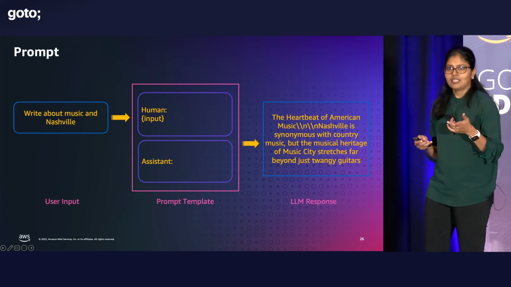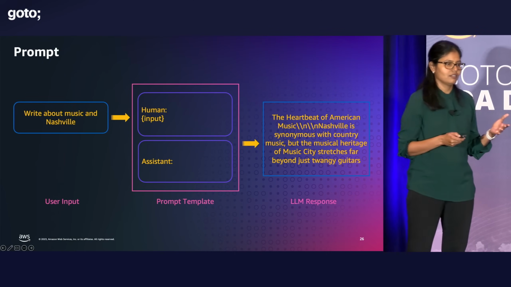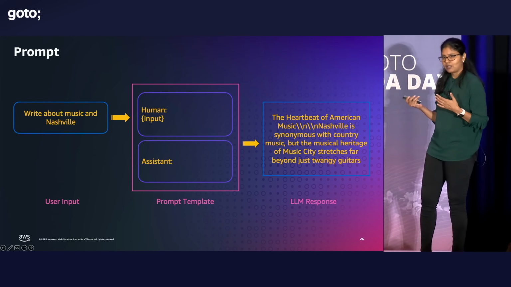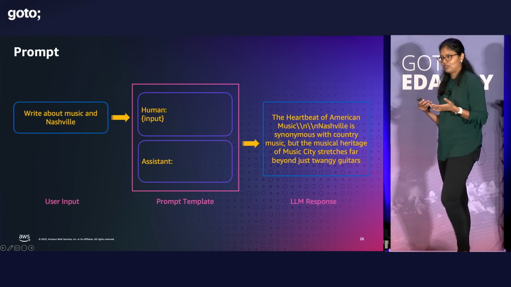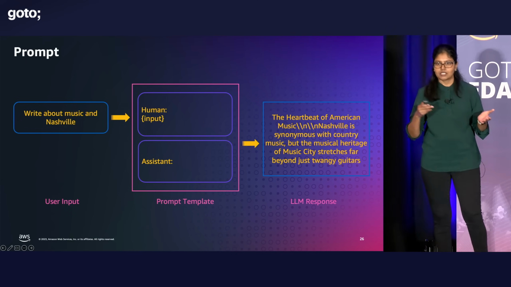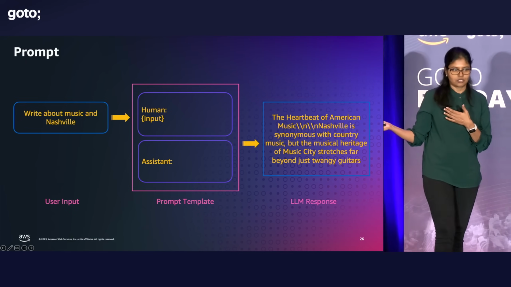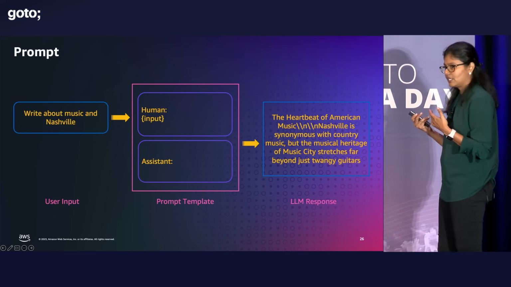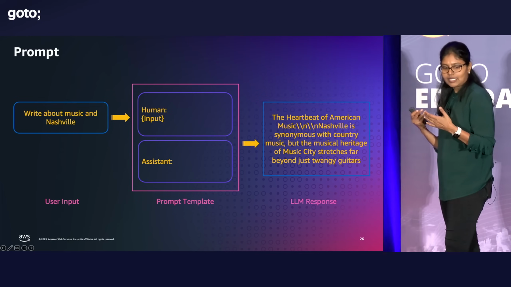Anything that you ask of a model is a prompt. So when you build a chatbot application, you ask your user to give a question, but most of the time that same question doesn't go to the model as such. You add some enhancements, like few-shot prompting. So something like that you would do.